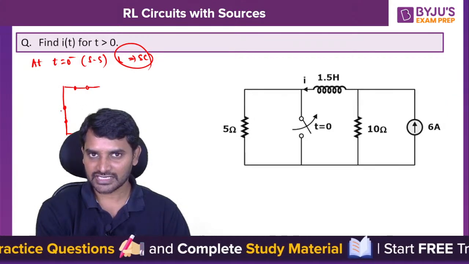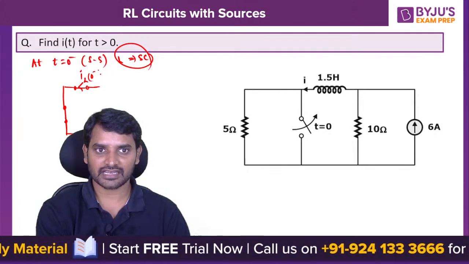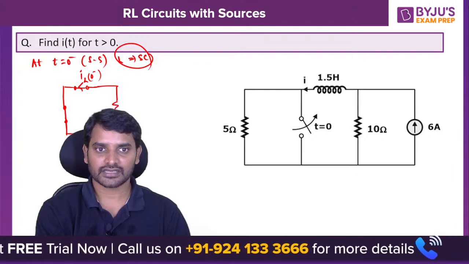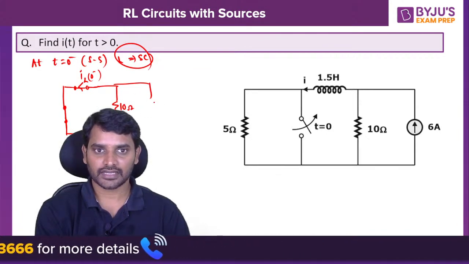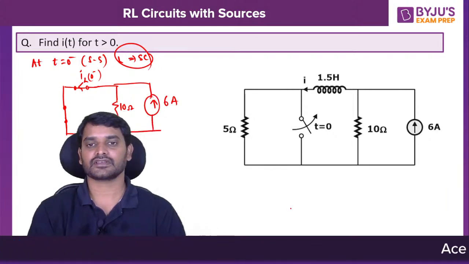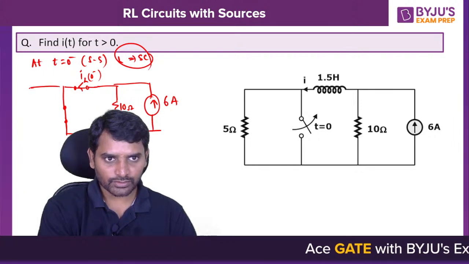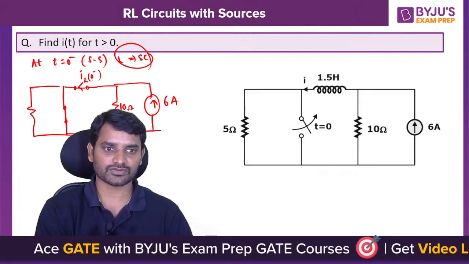This is the switching instant, and here is the inductor. Let me mention this as IL of 0 minus, and here I have got 10 ohms, and here I have got 6 amperes, like this. On this side you will be having 5 ohms, even though there is a 5 ohms, there is no use.